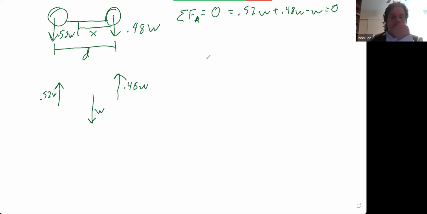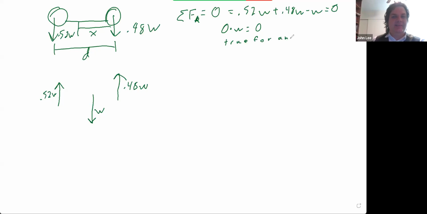So if that's the case, then 0 times W equals 0. So this is true for any weight.